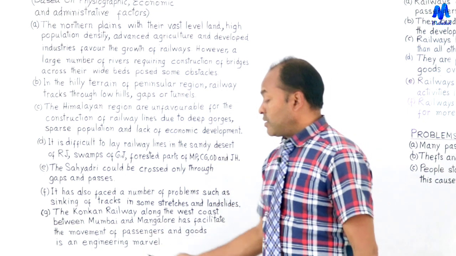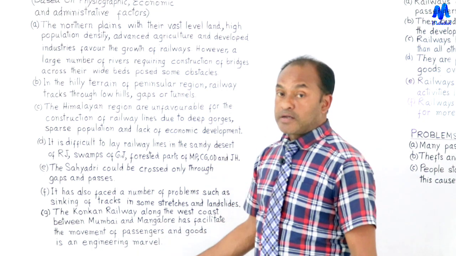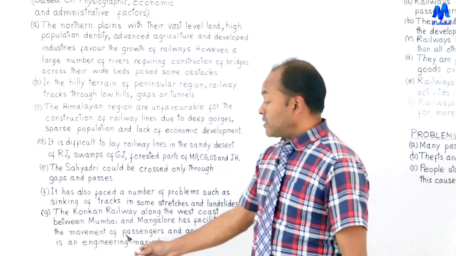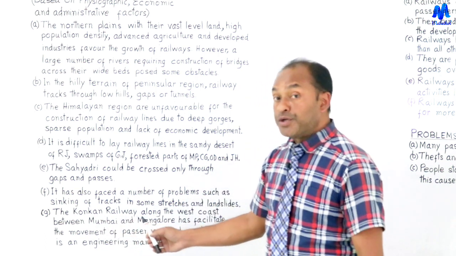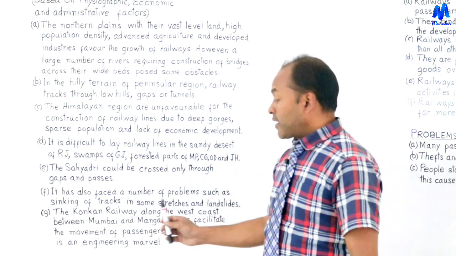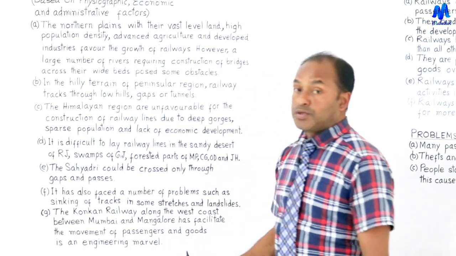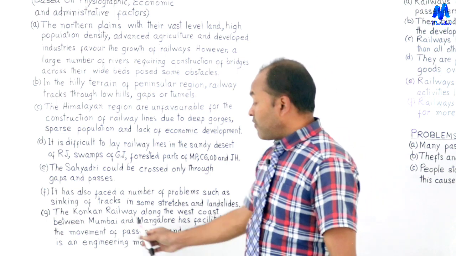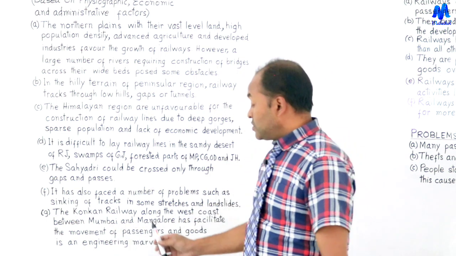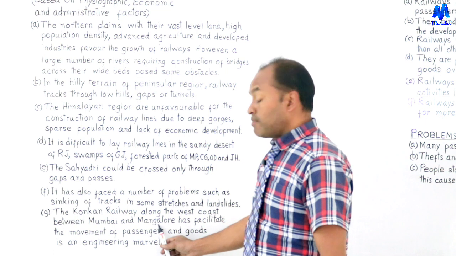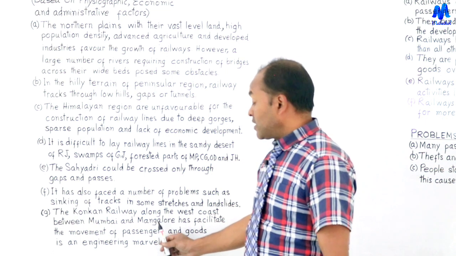So that's why the railway engineers have painstakingly constructed this railway project here. So again, it facilitates the movement of passengers and goods from the megacity of Mumbai towards Mangalore in Karnataka.